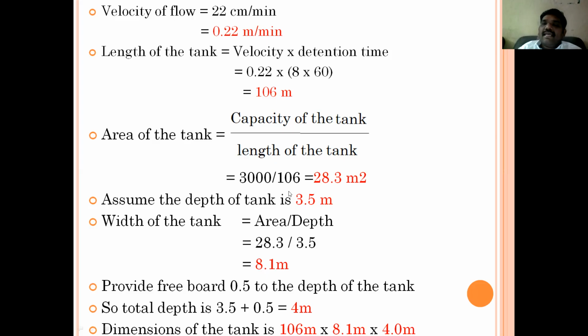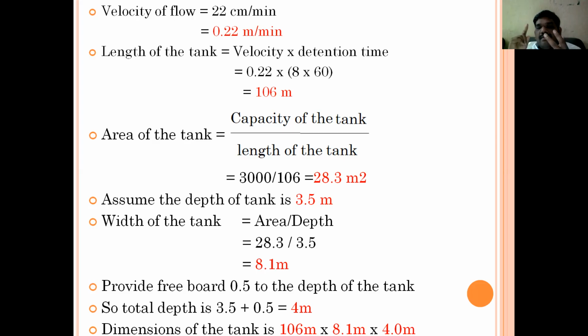What is the depth of the tank we have taken? 3.5. Why have we taken it? It is the empirical, pre-prescribed figure, 3.5 meters. To that we add the freeboard, and finally the depth will be 4 meters. Now we are just adding all the dimensions.